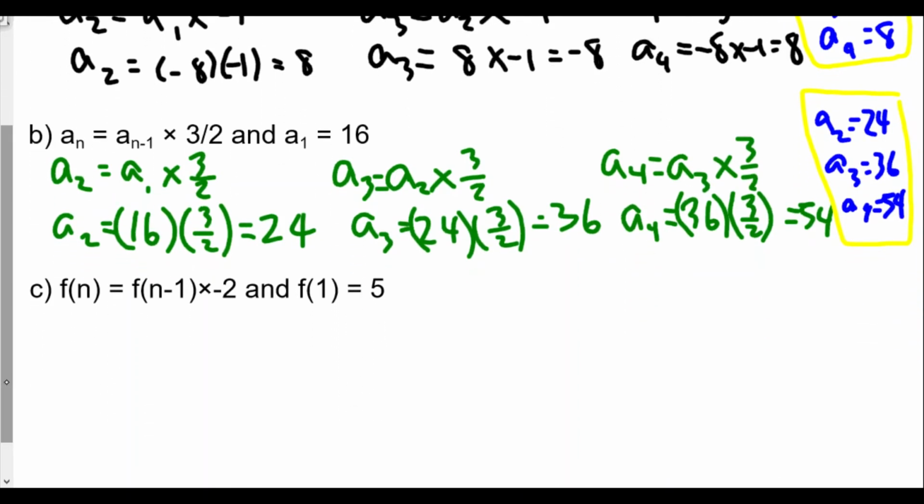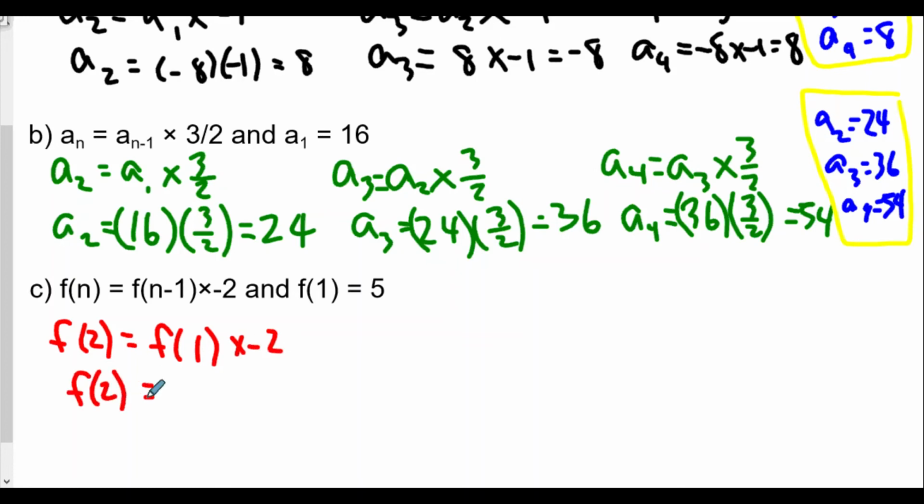Let's look at the third one, c, and we have f of n equals f of n minus 1 times negative 2, with f1 equals 5. And so here again we have the recursion formula. So we'll find f2 equals the previous term f1, because 2 minus 1 is 1, times negative 2. Therefore, f2, the second term, is equal to f1, which is 5, times negative 2, which is equal to negative 10.